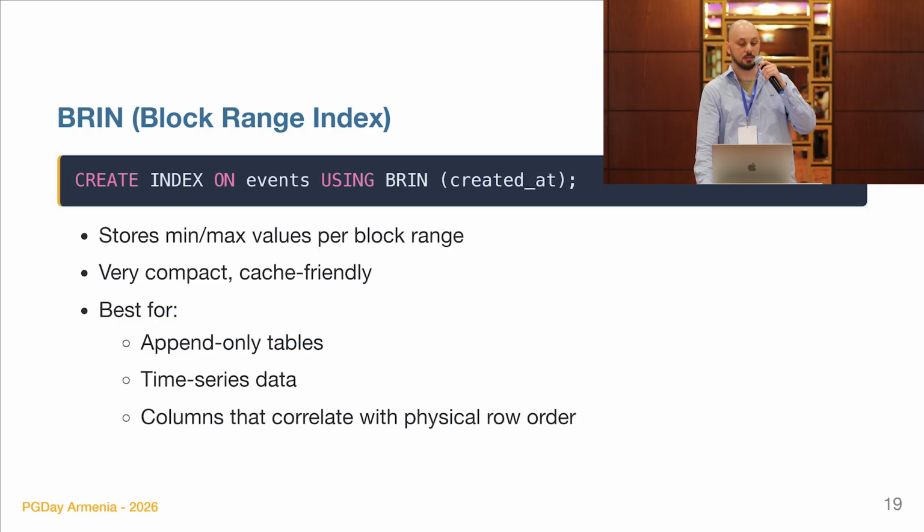They are a completely different data structure. They are like blocks with ranges of pages, and in each block they have a minimum and maximum value that can be present inside that block.